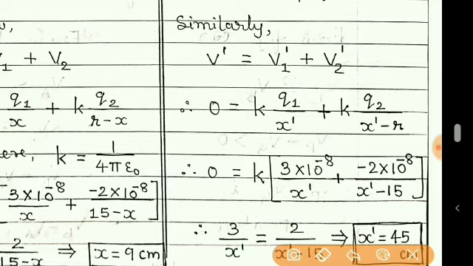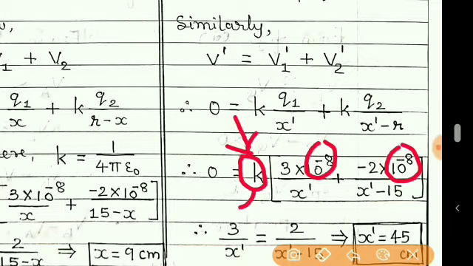Now as earlier, simply putting the values, we'll get next step. In this step, K is taken out common, as well as 10 raised to minus 8 in this term, and 10 raised to minus 8 in this term, that is also taken out common.